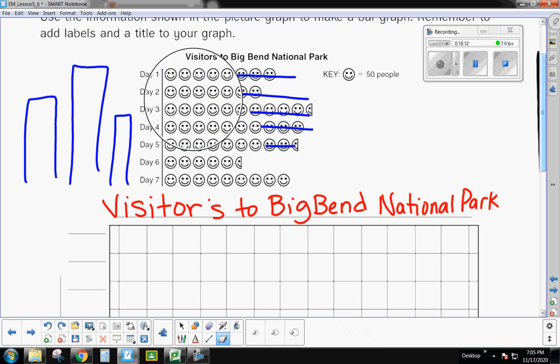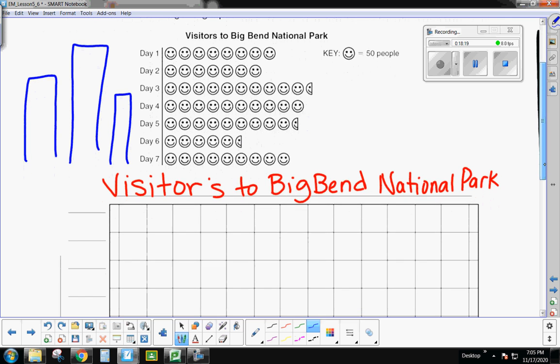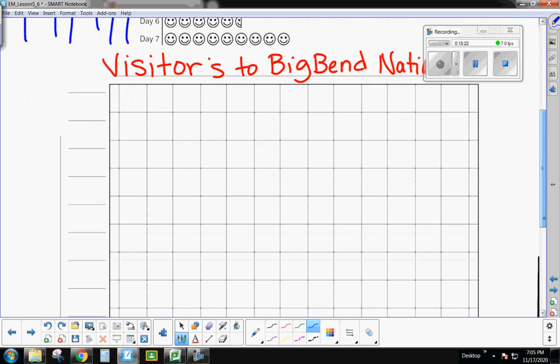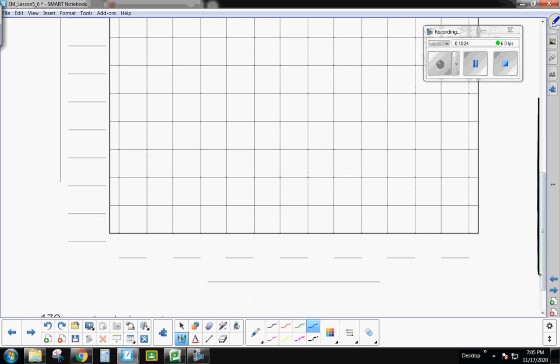So now, for our day 1, day 2, day 3, day 4, day 5, day 6, day 7, where's that information going to go? In a bar graph, that's going to go at the bottom. So you should have had day 1, 2, 3, 4, 5, 6, and 7. But you could have written out day 1, day 2, day 3, and so on.